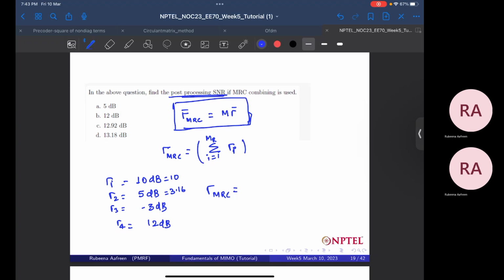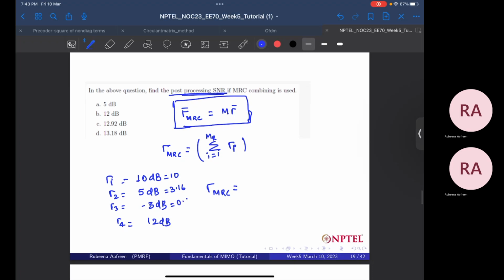Minus 3 dB is 10 to the power minus 0.3, that is 0.5. 12 dB is 10 to the power of 1.2, that is 15.84. So if we sum all of them, that is 15.84 plus 0.5 plus 3.16 plus 10, this is 29.5.